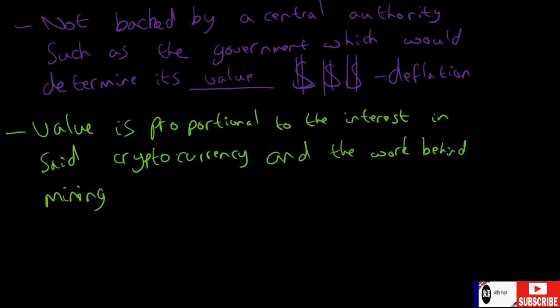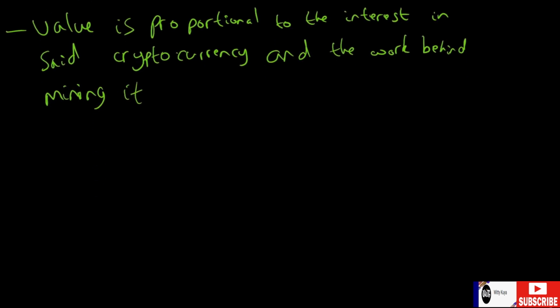So again, if you're not quite sure what mining is, we'll be covering that soon. But just a quick overview, mining is essentially the process of confirming the validity and the security of transactions using mathematical algorithms, and users are rewarded usually in part of the cryptocurrency itself.